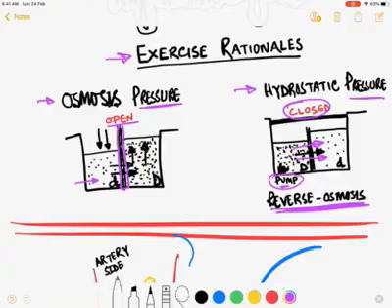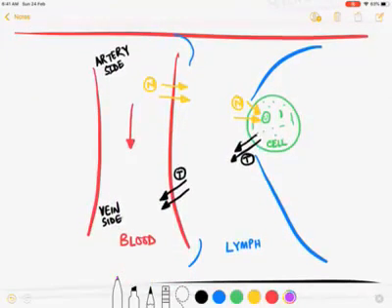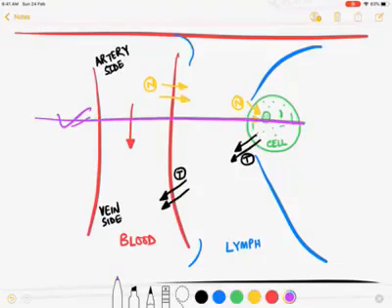Now let's understand how nutrient and toxin transfers work. Suppose this is the blood vessel, and here we are showing a capillary side. One side is the artery and the other side is the vein.